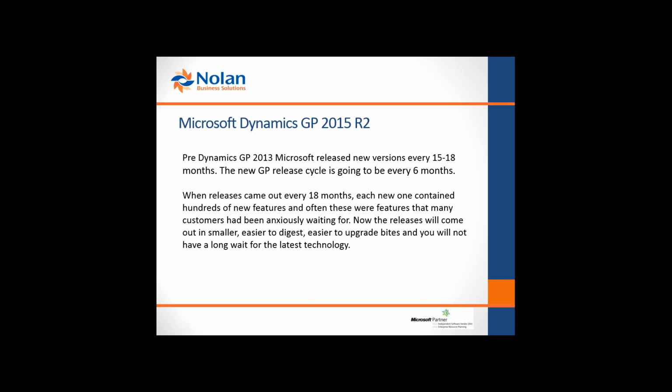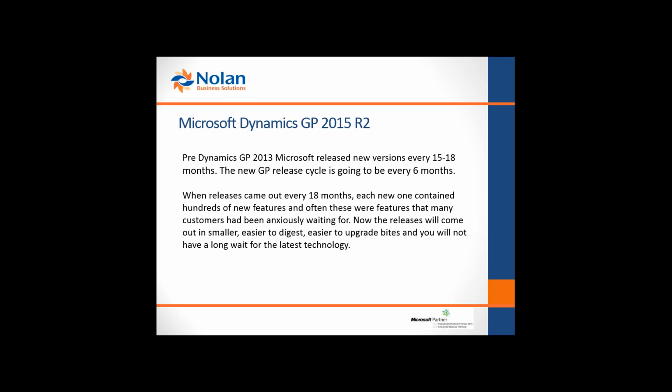Pre-GP 2013, Microsoft used to release versions every 15 to 18 months. They've now made the decision to release new versions every 6 months. I think this is a good decision for customers, because a lot of the times they've requested new functionality to be added and they've had to wait a year and a half before they get the functionality.